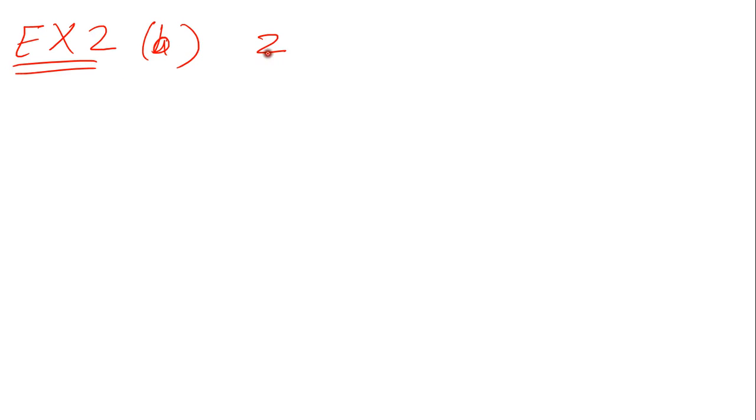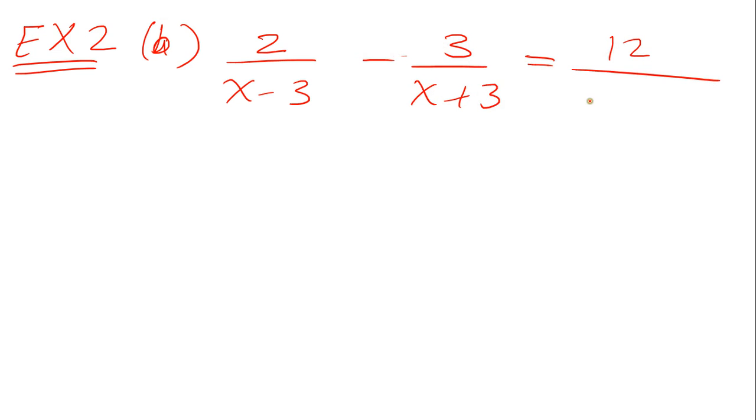We have 2 over x minus 3 minus 3 over x plus 3 equals 12 over x squared minus 9.